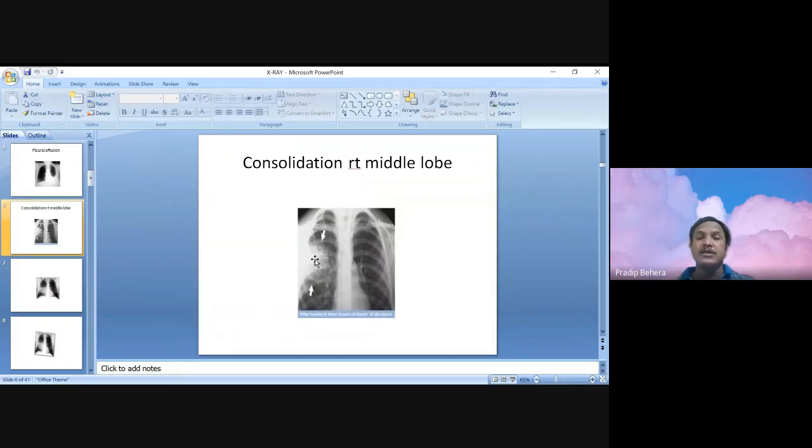So we say that is an air bronchogram. So this is consolidation in the right middle lobe, probably right middle lobe pneumonia. Here you find costophrenic angles are free, and there's a localized, confined consolidation with the air bronchogram inside. This is a consolidation of the right middle lobe.